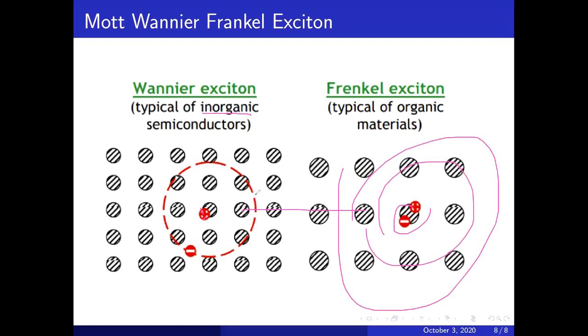Now, properties like optical properties, absorbing a photon, emitting a photon, and other properties linked to this kind of exciton will vary from one type to the other.